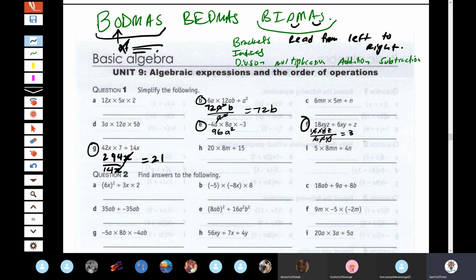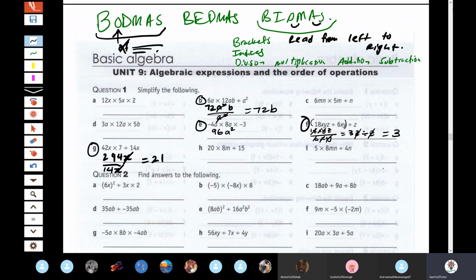Z's on the top, keep it on the top. And then we've still got to divide by z. So you can see it's just two steps. The first step is these two, and then the second step, once you've simplified these two, is 3z divided by z. I think we can tell the z's will cancel out, and we're left with 3.